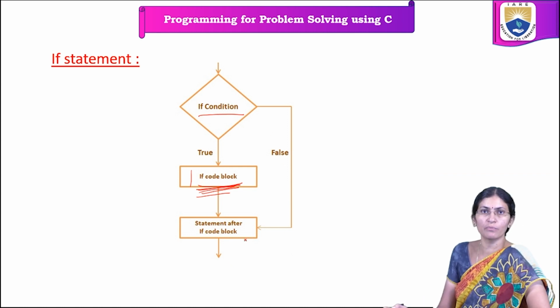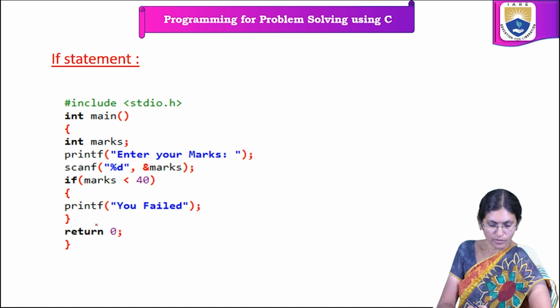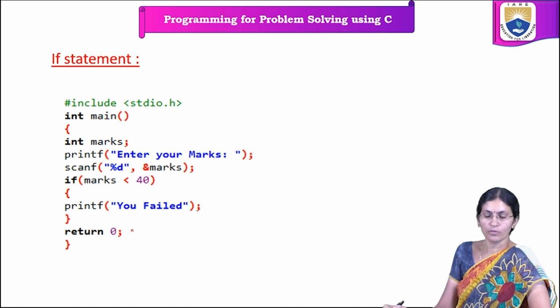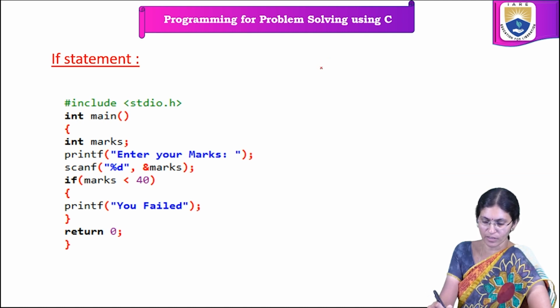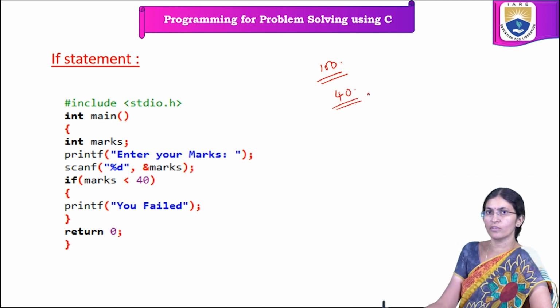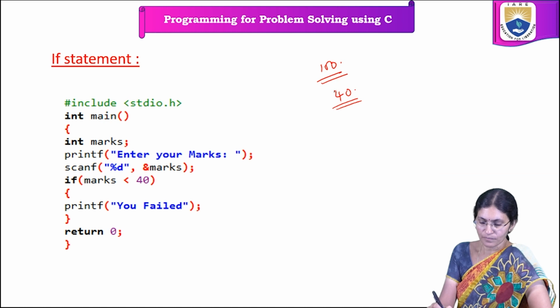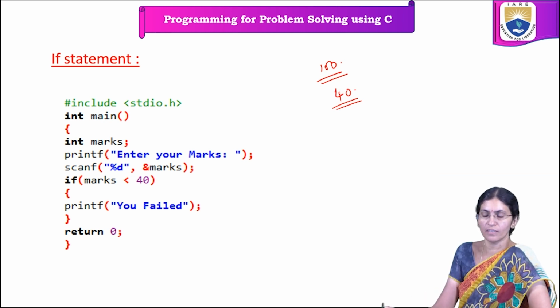So let us see one program for this. This is a simple program. We know that in order for a student to pass a particular subject, if the maximum marks are 100, he should get more than or equal to 40 marks. Then he passes that subject.